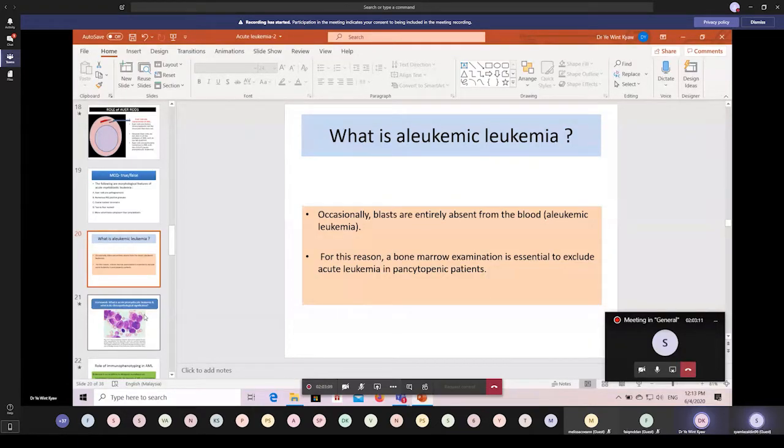Lymphoid. So sometimes blast cells can be entirely absent from the blood. It's called aleukemic leukemia. This means when you test the blood film, by the WHO definition of 20%, you see zero blast cells because they are still in the bone marrow.